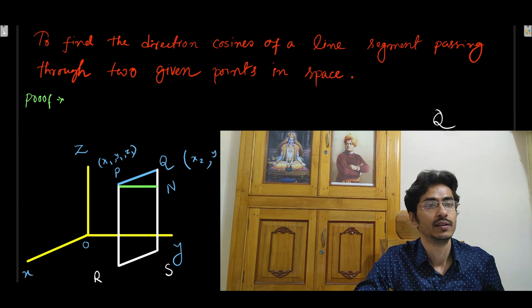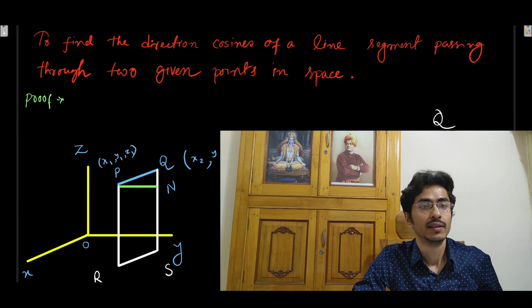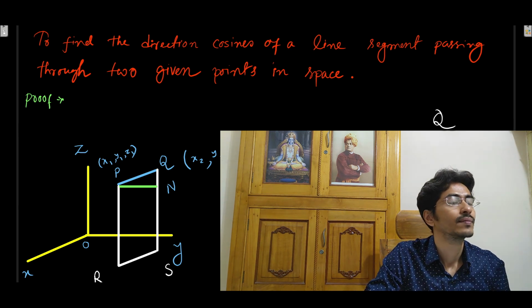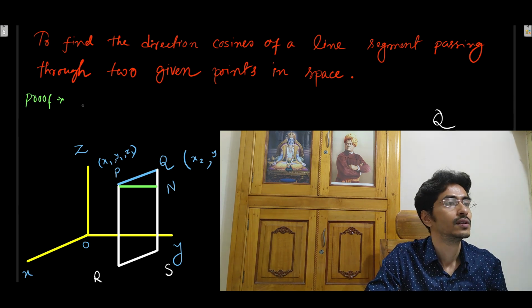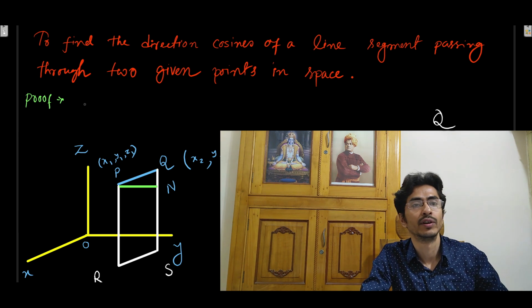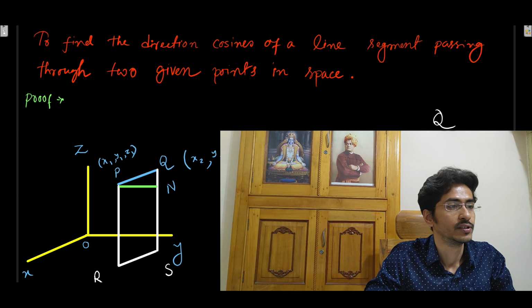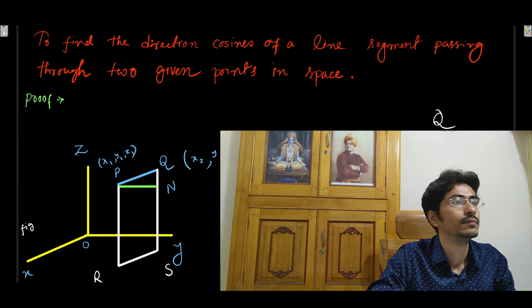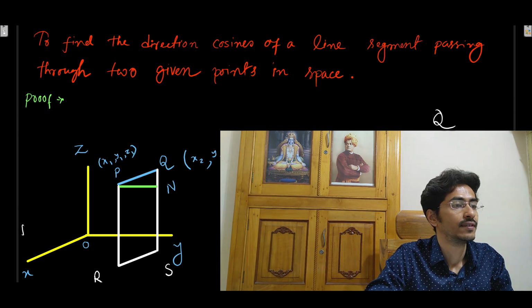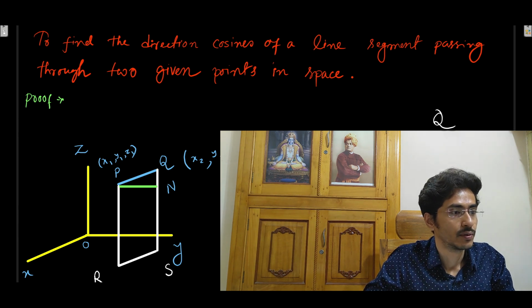This is X, this is Y, this is Z. Now I will start the proof. Later we will complete this diagram too, figure 2. This is figure 1.